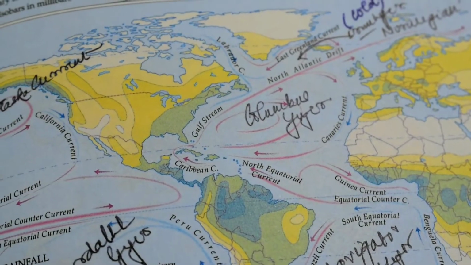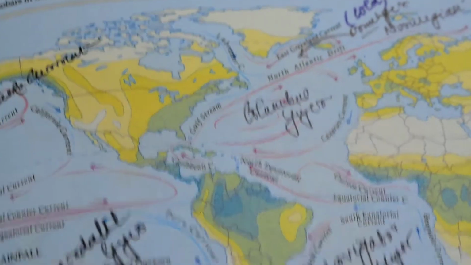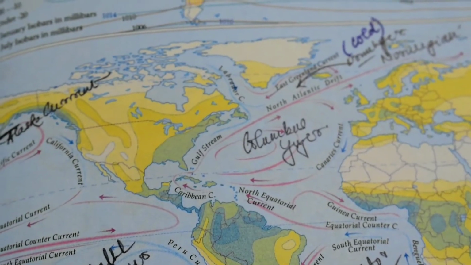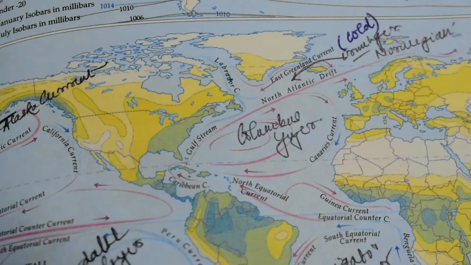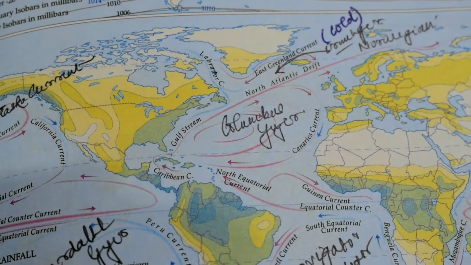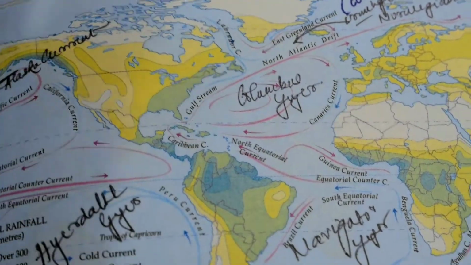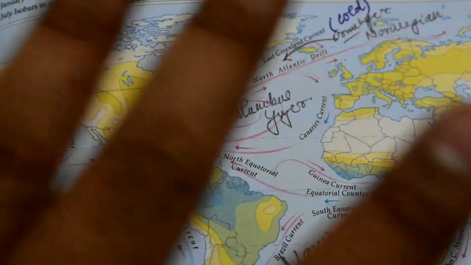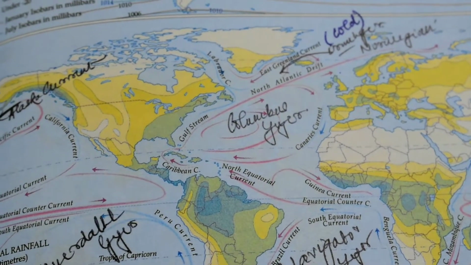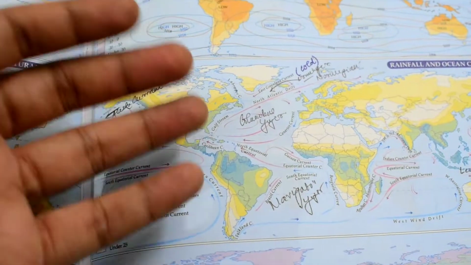What actually happens is that, if you remember, in the previous video lecture I told you that the cold currents bring in a lot of nutrients. The cold currents are nutrient rich. Why are they nutrient rich? Because they are moving on the oceanic floor, and the oceanic floor contains so many different kinds of nutrients and minerals.